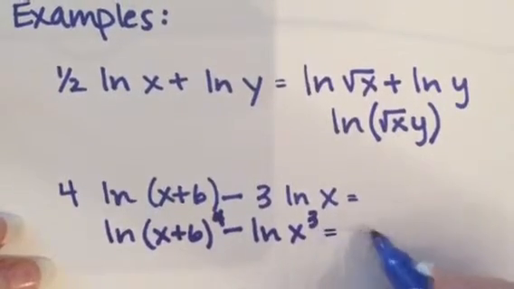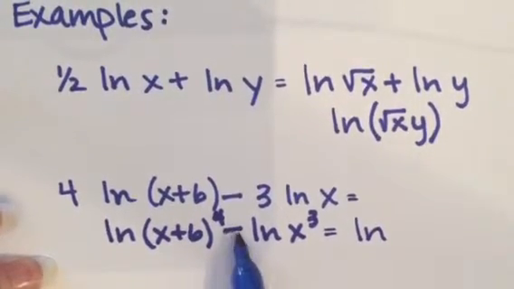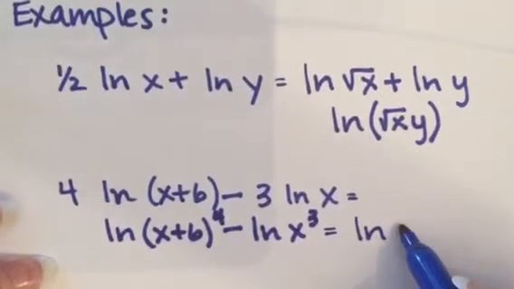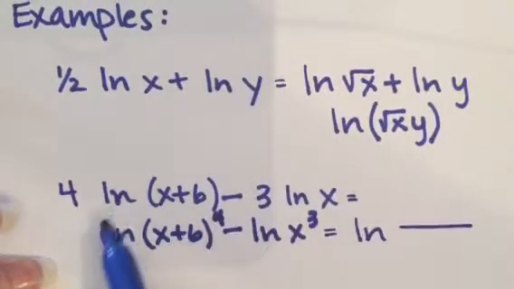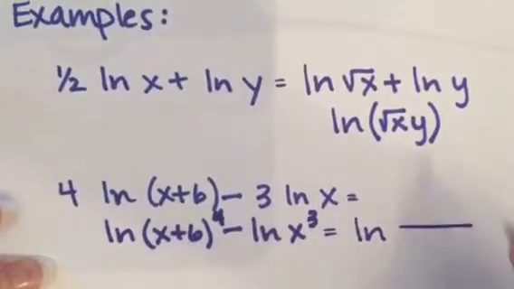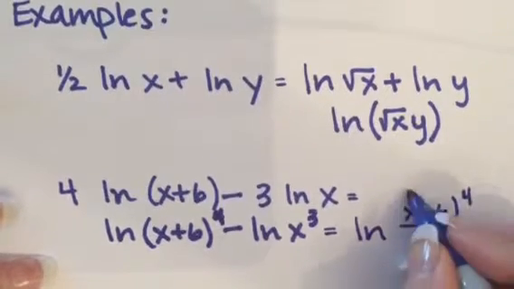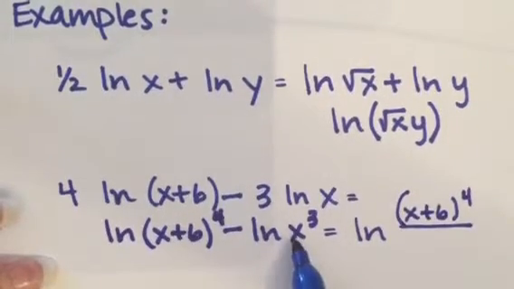Okay, so I'm going to say that this is ln of, and notice I am subtracting here. So we've got a fraction. The positive part, see the ln is positive here, this argument will go to the top: x plus 6 quantity to the 4th power. And then this quantity down here is negative.